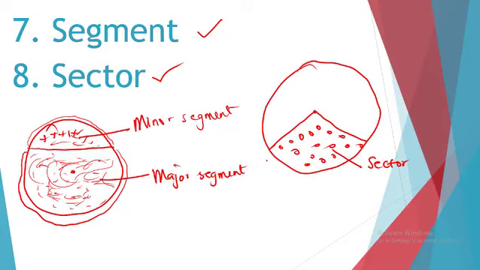These are the properties of a circle that you need to know. In our next class, we'll go over using them to solve examples and the theorems of these properties of a circle. We'll stop here today.